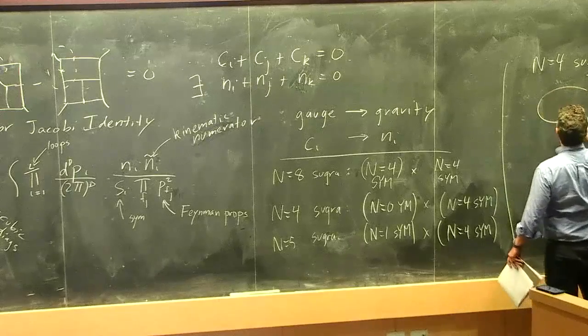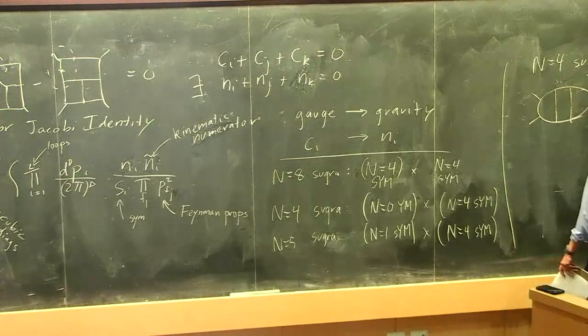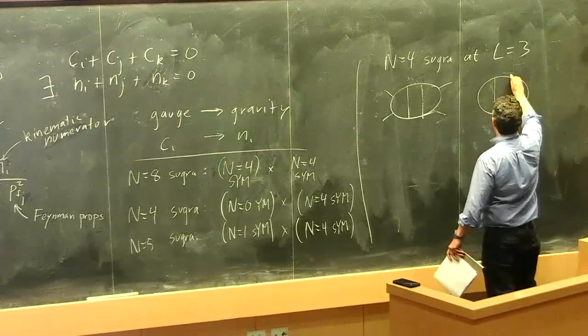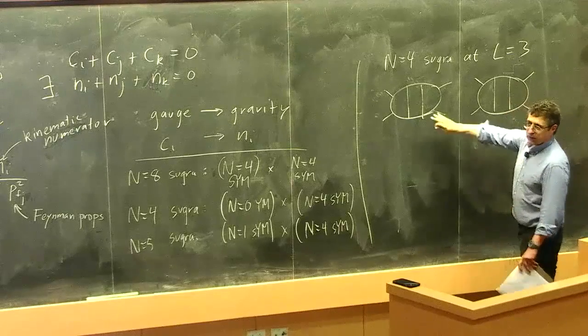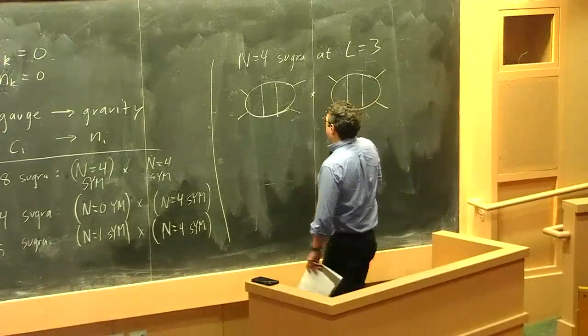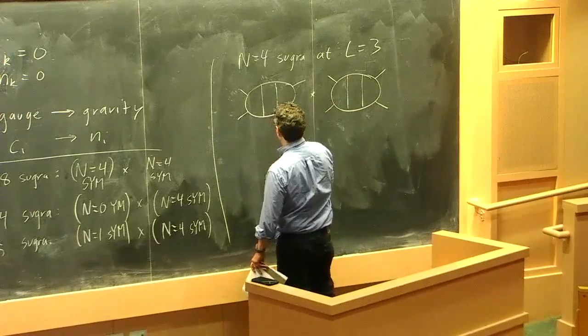So at 3 loops, I'm going to pick the ladder diagram. Let's see, another copy of the ladder. We're really just looking at the numerators. There's only one copy of the denominators of the propagators. But so this copy, let's say we'll make this one ordinary Yang-Mills.